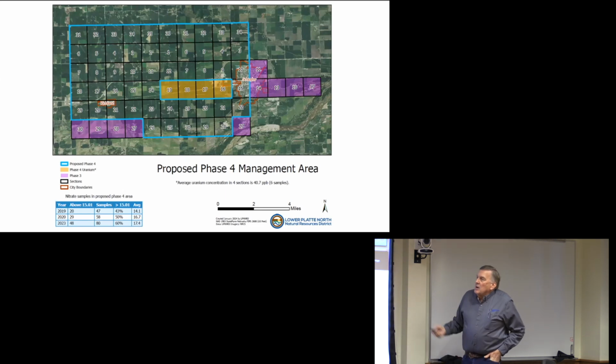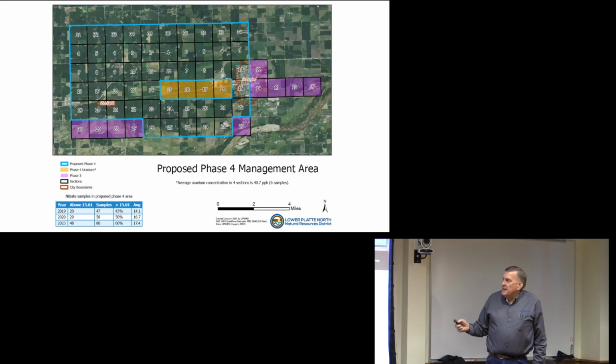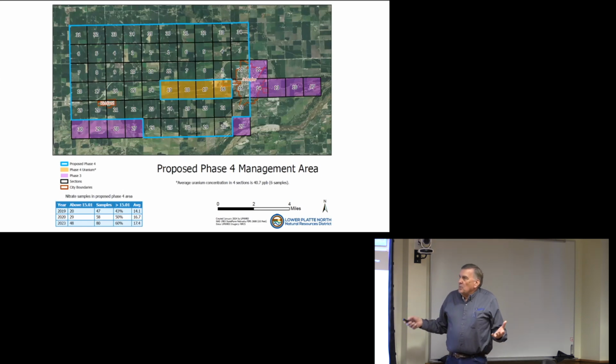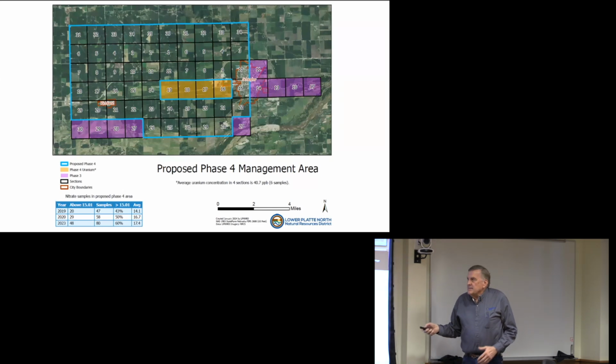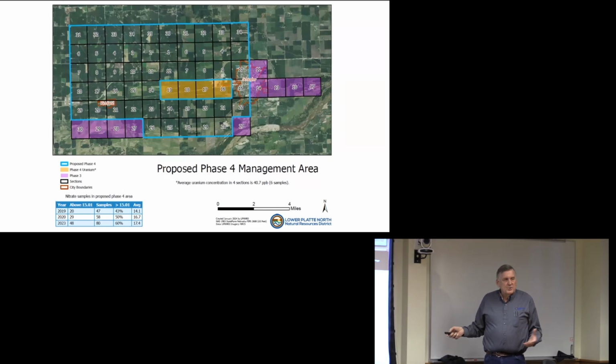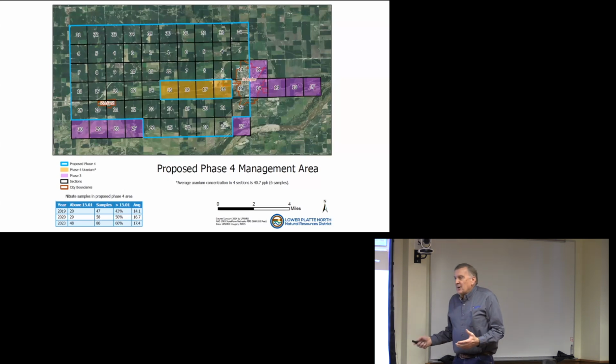The board's decision on why they did that: we'll manage it very similar to nitrates, just like a nitrate management area, because it was really not logical to leave 4 sections out there just because of the uranium. What I'm hearing, again, is that nitrate and uranium kind of go hand in hand in a lot of places.